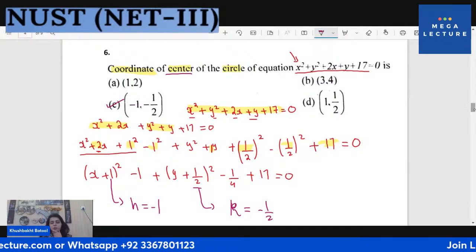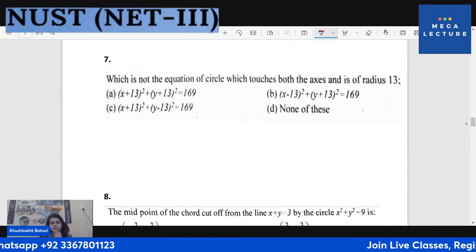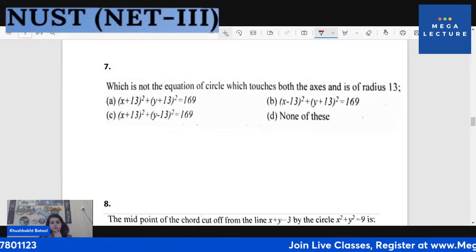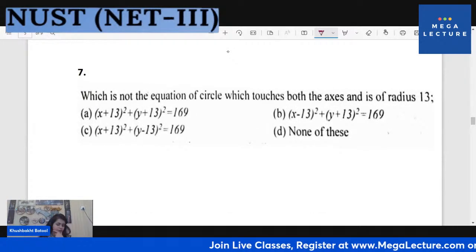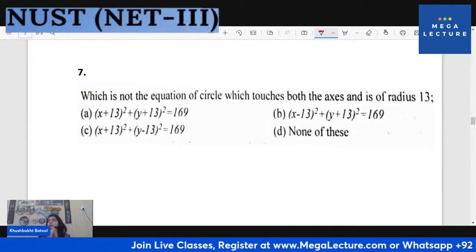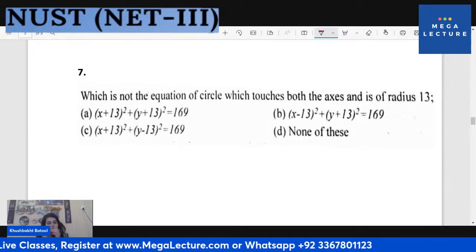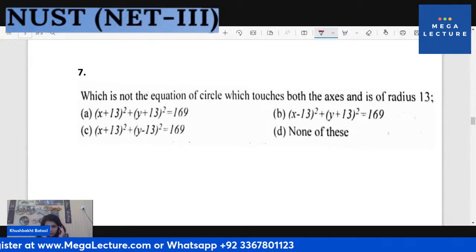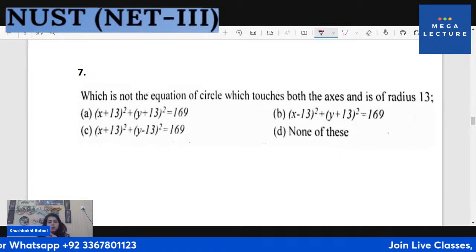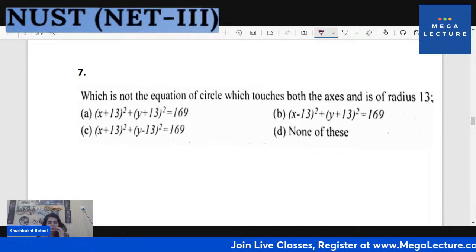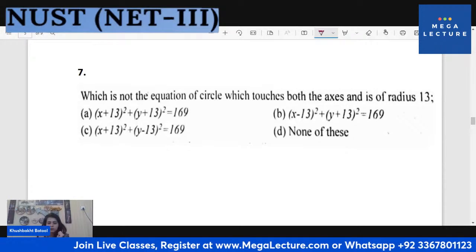Okay, let's talk about the seventh question. The seventh question says, which is not the equation of a circle which touches both the axes and is of radius 13? Now we have three equations and option D says none of these.